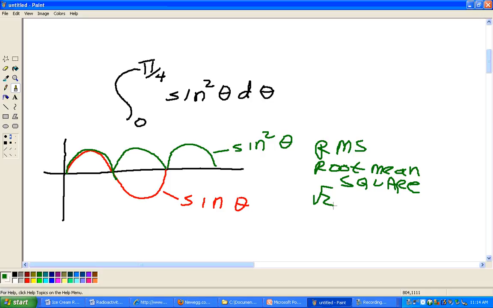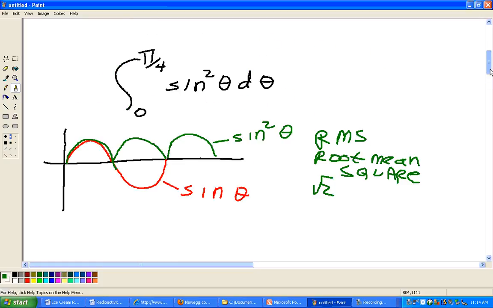Let's talk about how we're going to integrate it. In case you weren't clear, folks, the reason I talked about that was to tell you why anybody cares. You need to substitute. You can't integrate the sine squared. There's no easy way to do it unless you know this trick.